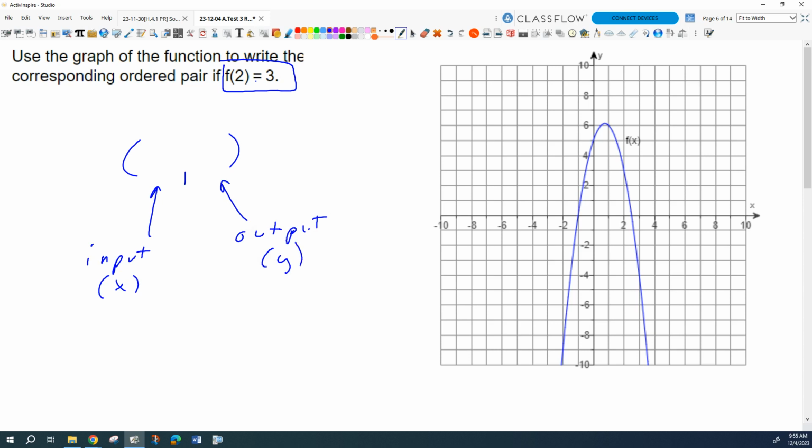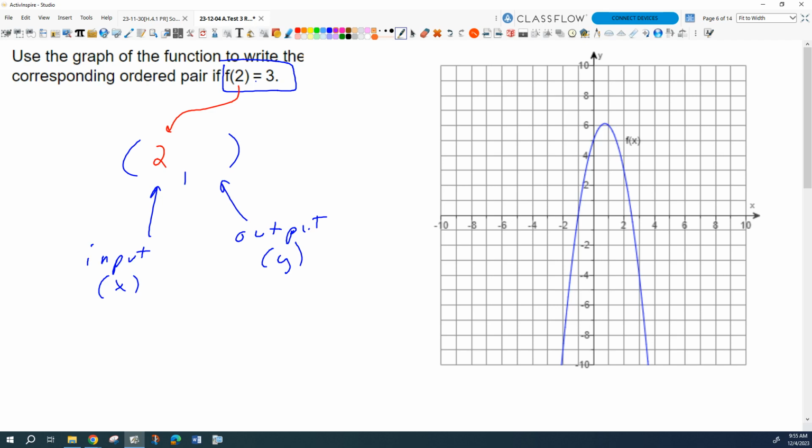Well, what's the input of that statement? What's the input number? The input's 3? What's the input in that statement? Is 2, right? The input is what we're plugging into the function. Okay, so the input 2 goes there. What's the output? 3, yeah, that's what the function is spitting out, right?